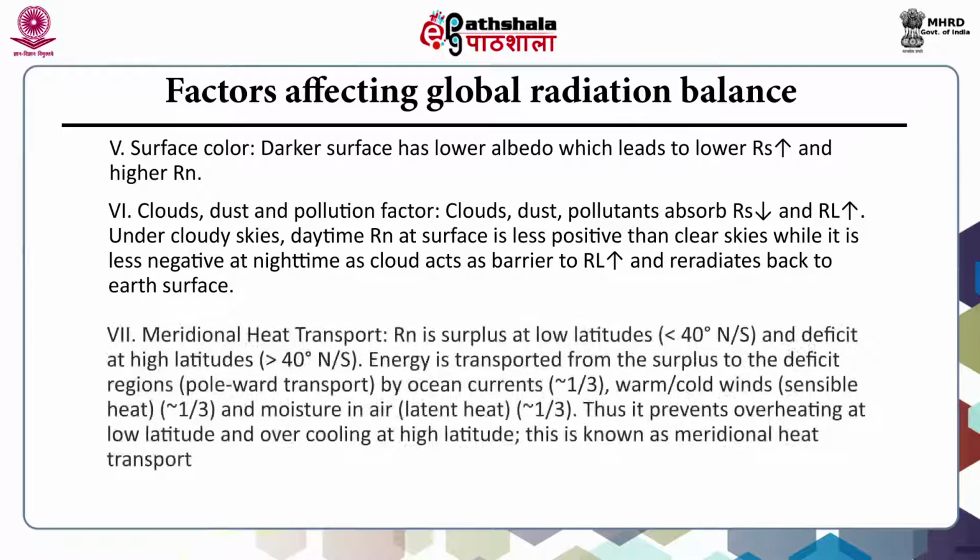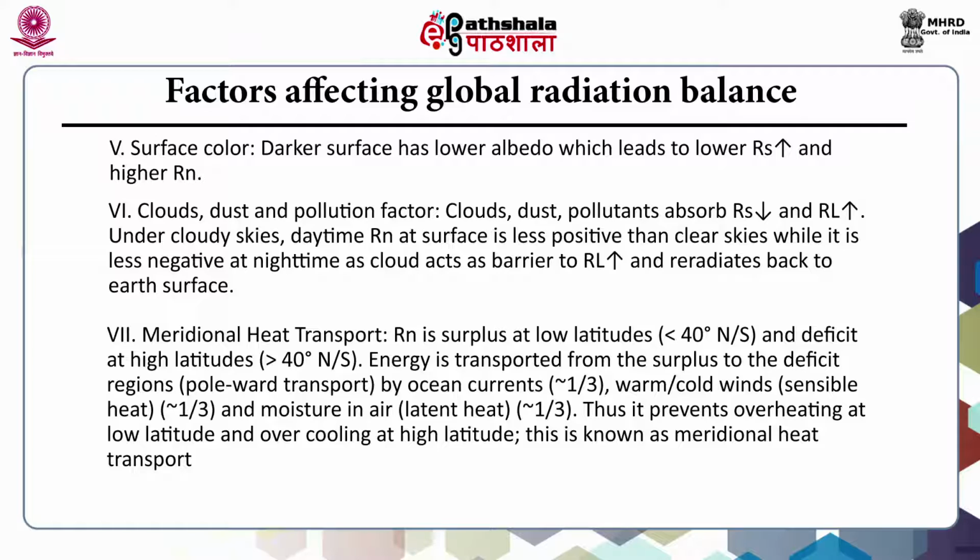And the last factor is the meridional heat transport. Net radiation is surplus at low latitudes, which is less than 40 degree north or south, and deficit at high latitude, which is more than 40 degree north or south. Energy is transported from the surplus to the deficit region, that is poleward transport, by ocean currents, that is around 1/3, warm and cold winds, sensible heat, it is also 1/3, and moisture in air, which is latent heat, by 1/3.